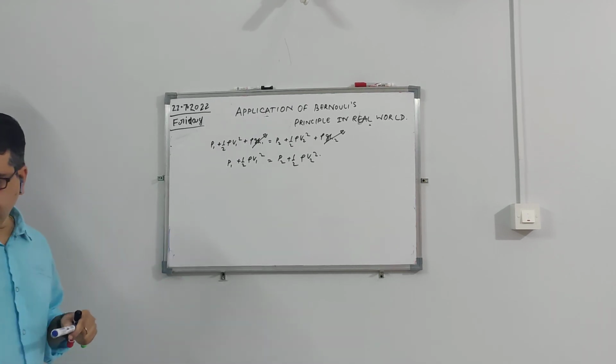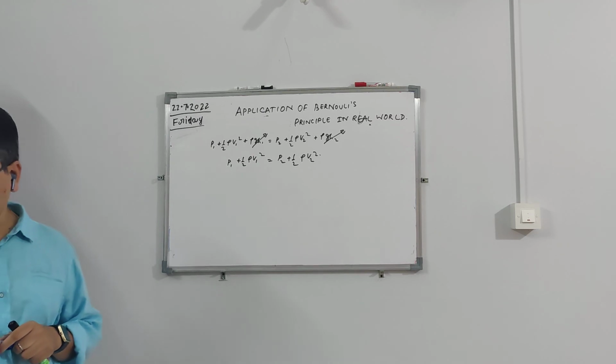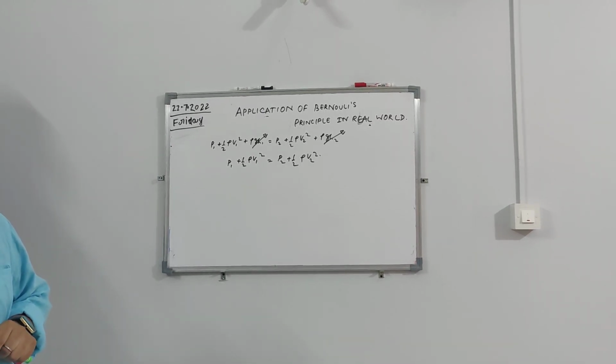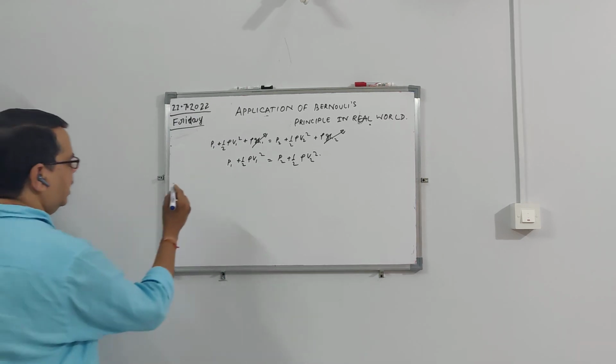So we will solve one Boeing aircraft problem here. The question is like this. A fully loaded Boeing aircraft has a mass of 3.3 times 10 to the power 5 kg. Okay. So that is the mass of the aircraft.